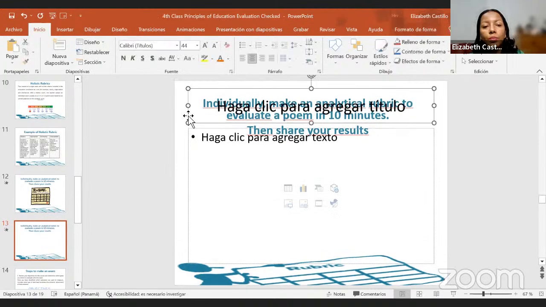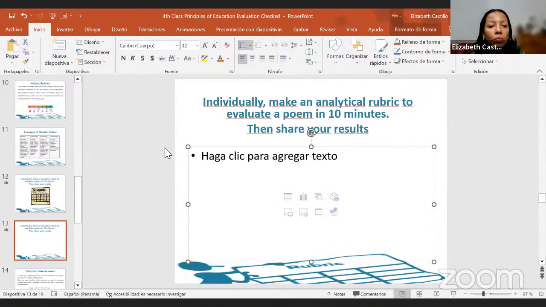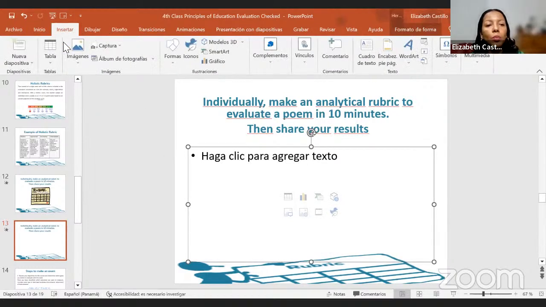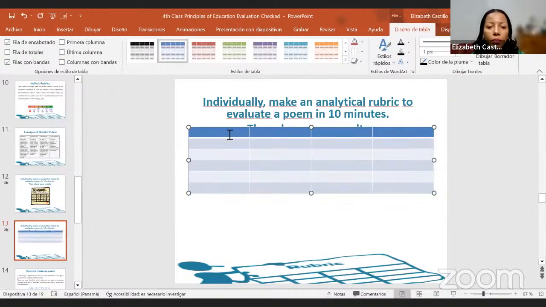So let's see what example of rubrics we can create to evaluate a poem. Okay, it's going to be the criteria. 4 points. Let's say 5 points and 4 points.